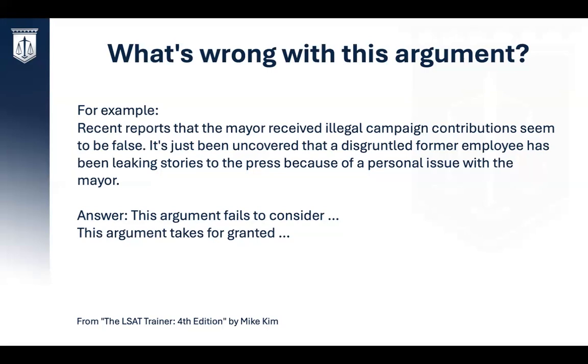The state of the gruntlement of the employee does not affect whether the story is true or false. So, good job. I'm trying to show you examples of the kinds of logic that fail and that you're going to be able to identify as failing. Okay.